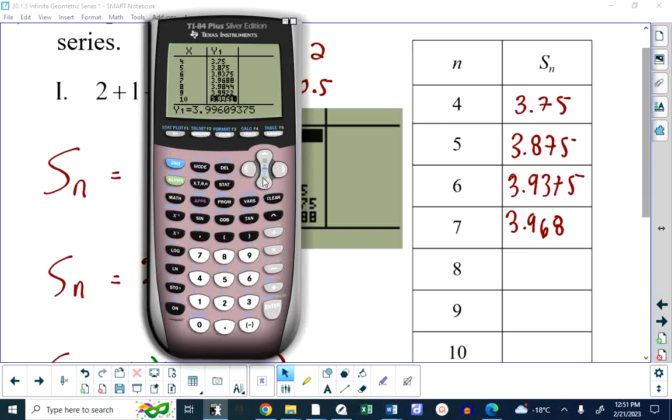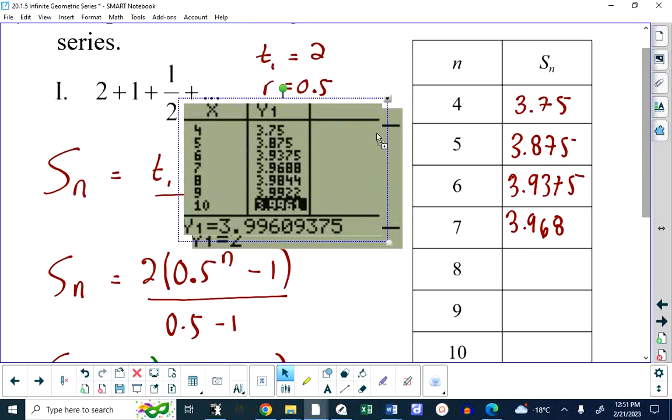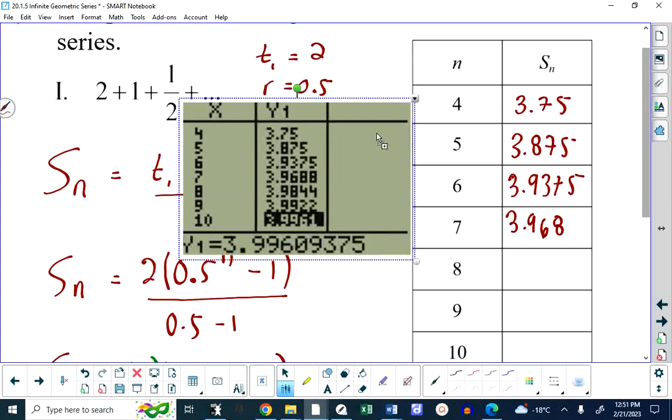And I want to go up to 10, so I'll grab this again. S8 is 3.9844, and I probably 9843125, or who knows what it is. It's weird decimals. And 3.9922.